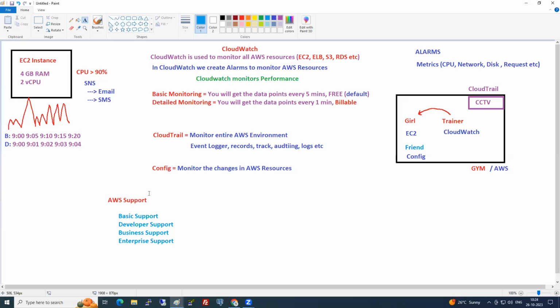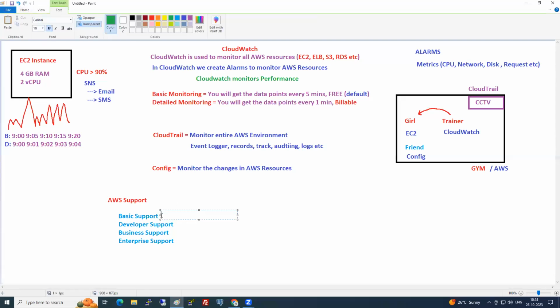Very important because this will come under certification. Again, what are those? Basic support, developer support, business support, enterprise support. When you're setting up the AWS account, it will ask in the end which type of support you need. Which one should you take?